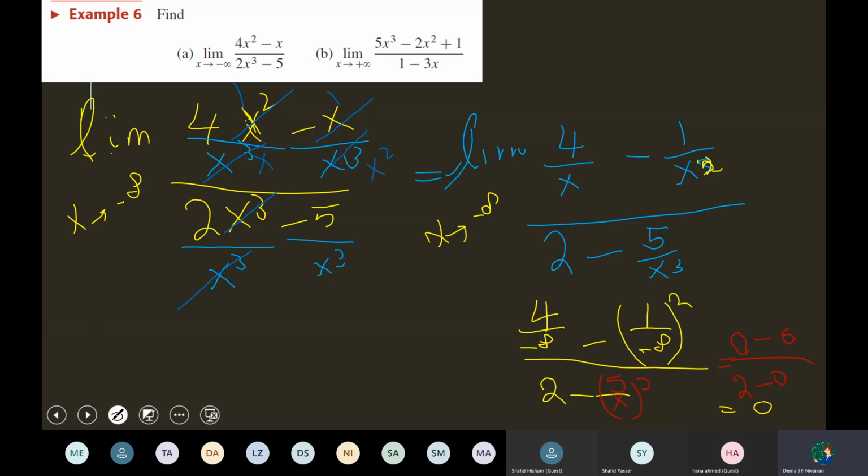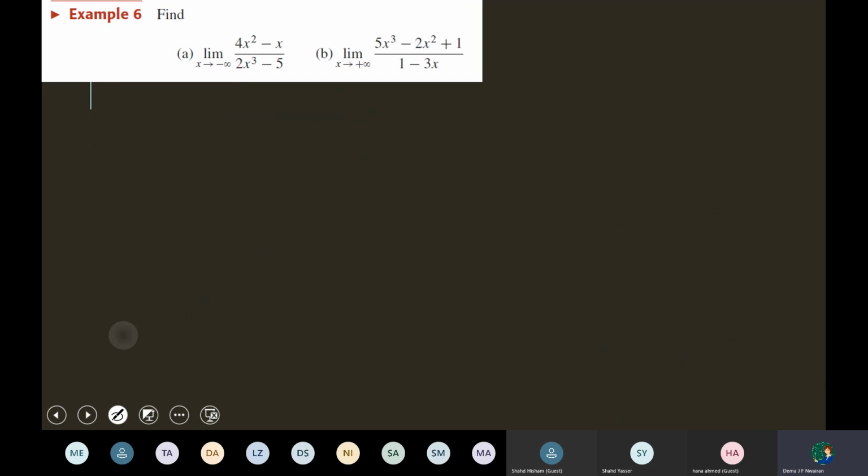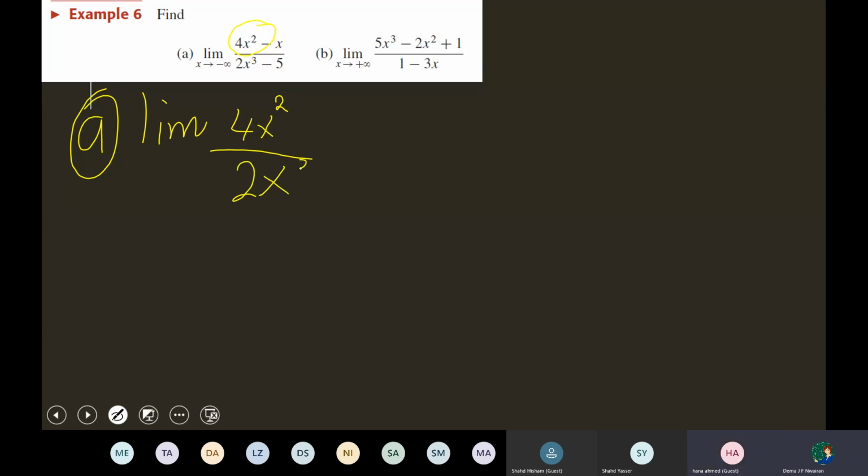So this is the way. Now the other way, which is the shortest one, I will do it like this. Look at A now. The limit. What is the highest power here? It is 4x squared. And the highest power in the denominator is 2x cubed, when x approaches negative infinity.